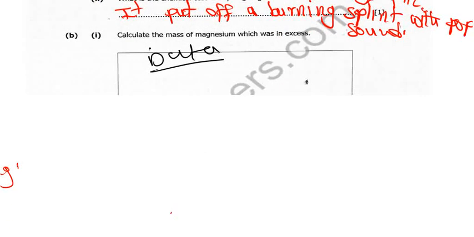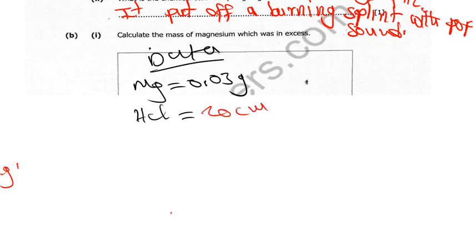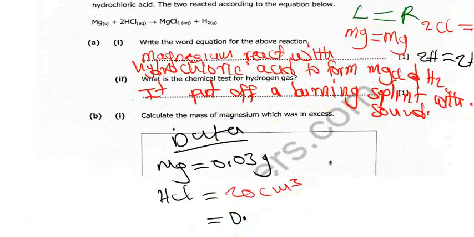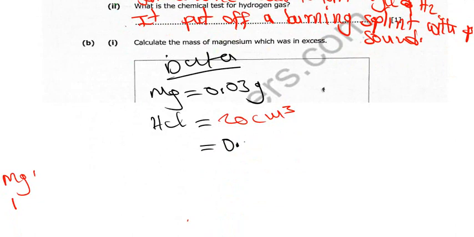We have magnesium, 0.03 gram. Then for hydrochloric acid, we've been given two things: its volume, which is 20 cubic centimeter, and its concentration, which is 0.10 moles per cubic decimeter.